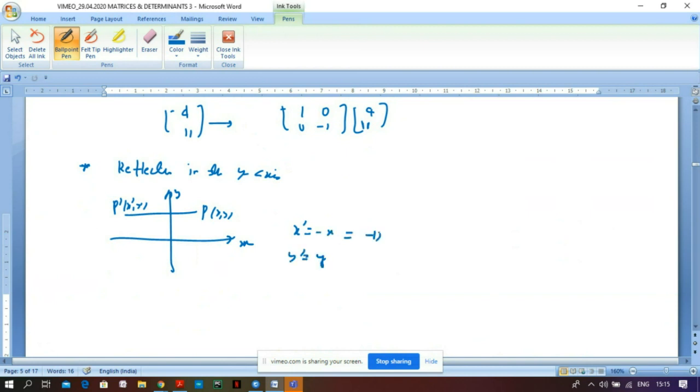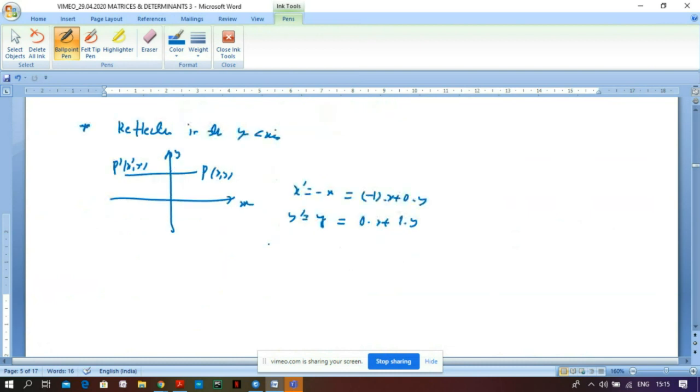So I write minus 1 times x plus 0 times y, and 0 times x plus 1 times y. So I can write this as x prime, y prime equals negative 1, 0, 0, 1 times x, y.